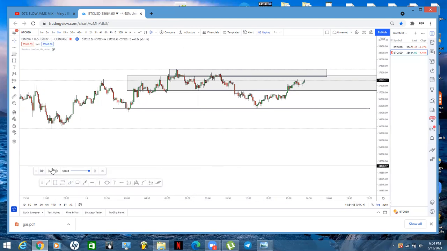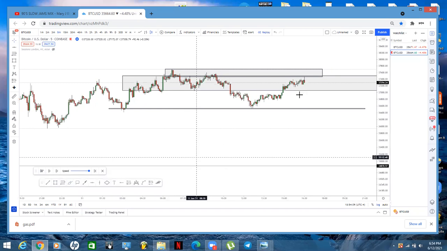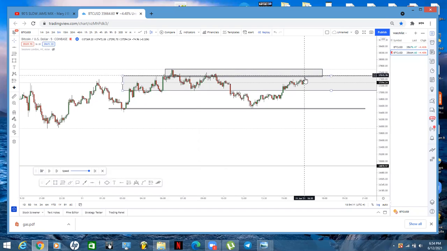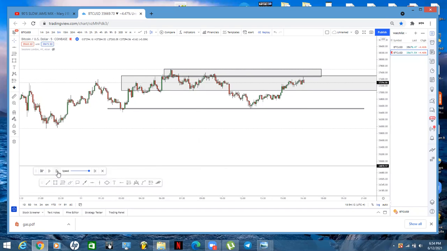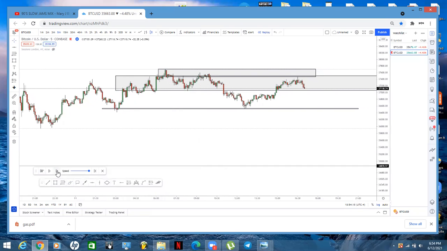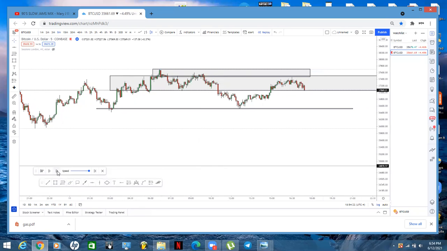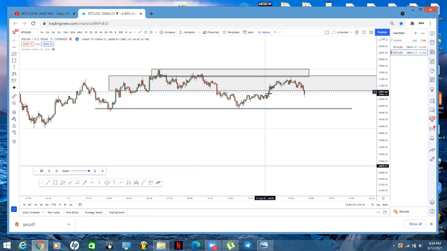All right, so let's see. So boom, look how price tapped the order block. Now we'll be looking for a breaker structure. So that's your breaker structure right there.